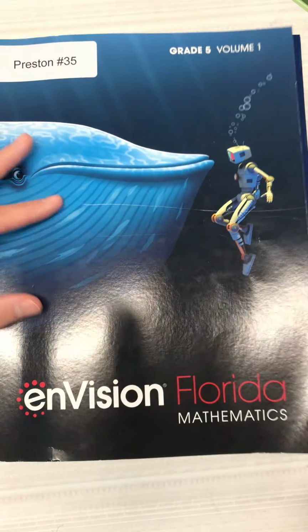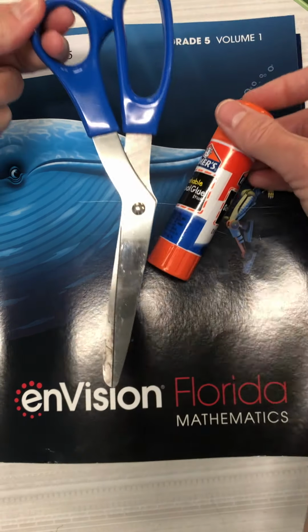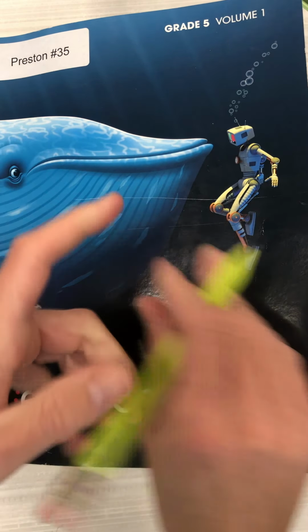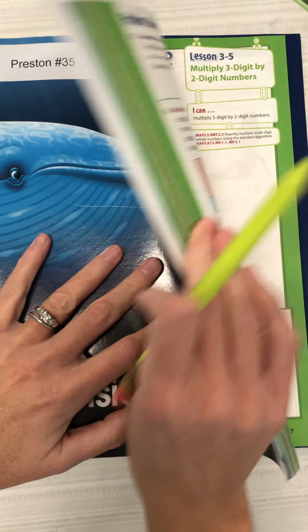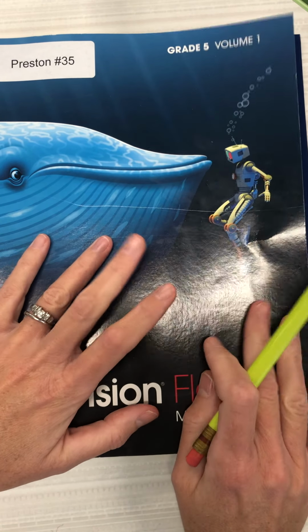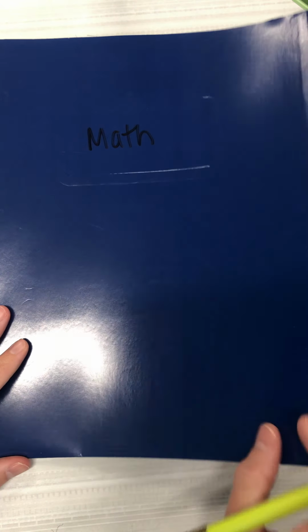Before we get into our notebook notes though, let's make sure we have all our supplies. Notebook, pencil, of course we have a glue stick, and our scissors because we're going to be putting our notes pages in here. And I also want you to make sure you have volume 1. This is your colorful book because we're going to do some practice problems in here as well after we get our notes in our notebook. And then, of course, our blue math folder.